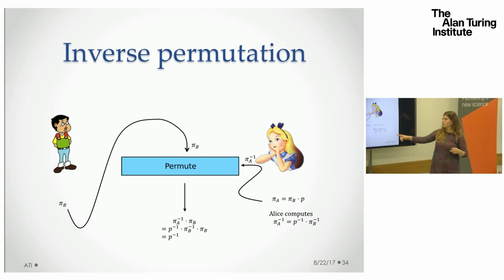So once Alice has computed this in the clear, the composition of pi sub b and pi inverse of a will be done in secure computation. Bob will apply his permutation, Alice will apply the inverse of her pi sub a, and this will result in applying the inverse permutation on the original data.